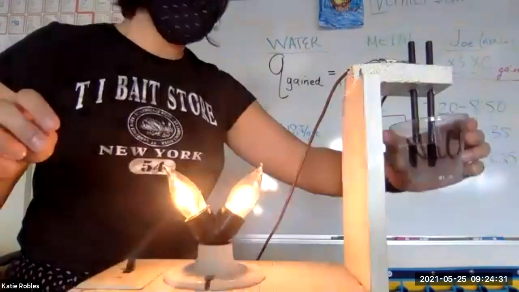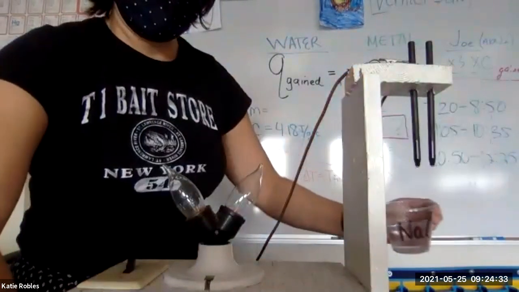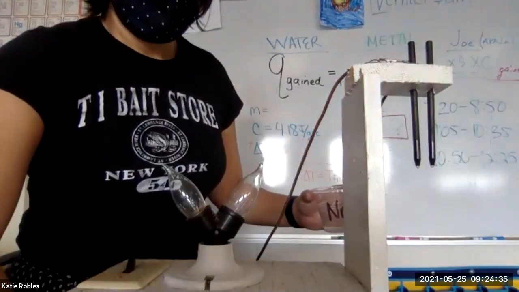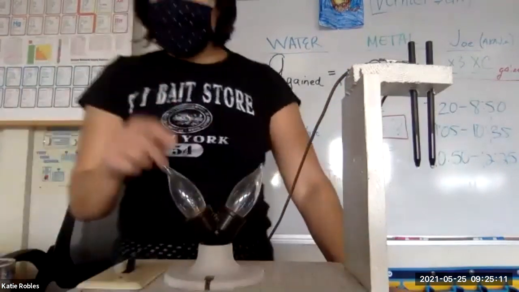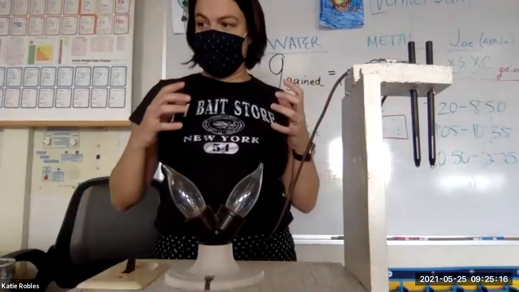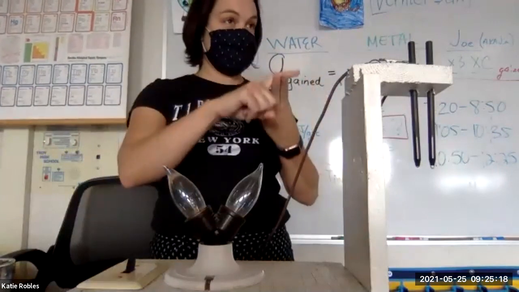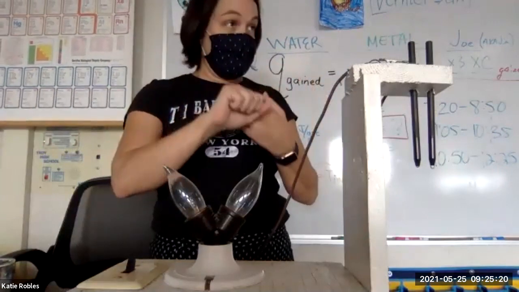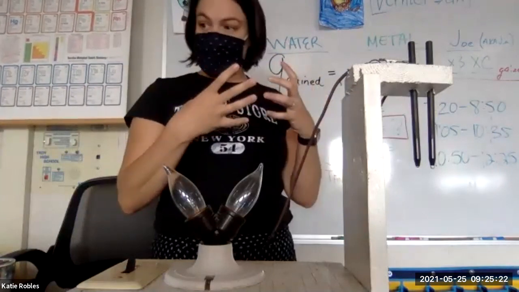It lights up the light bulb. Salt is an electrolyte because salt has ions, Na and Cl, and when we dissolve it in water, the ions are mobile.